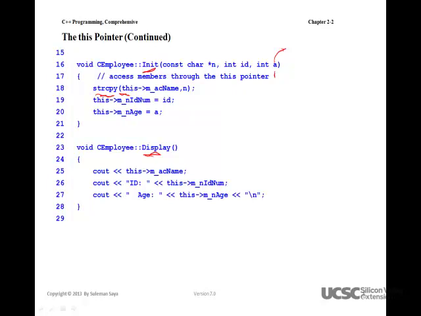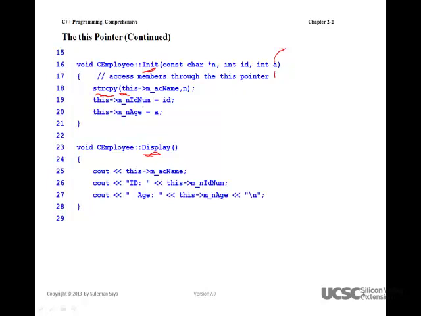At line number 19, I'm using this pointer again. This arrow m_idNum. So m_idNum is basically a data member of the CEmployee class. And at line number 20, I'm doing the same thing. This arrow m_nAge. That is a data member of the CEmployee class. So now this pointer basically is accessing the data members.